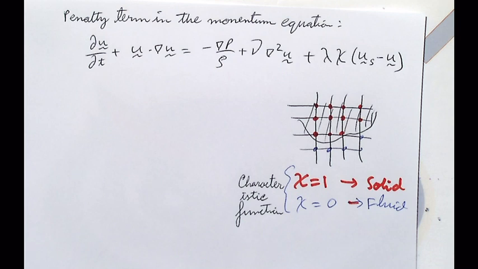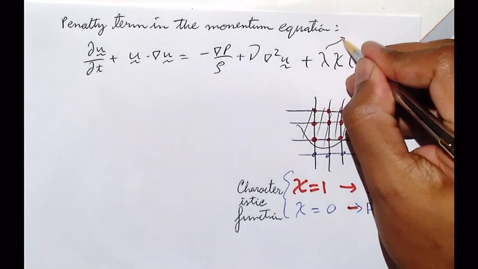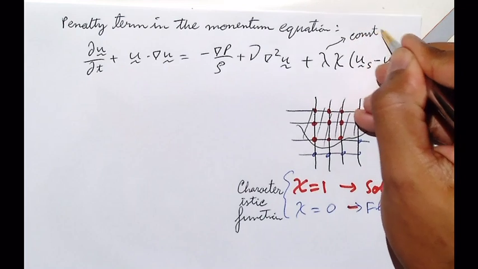So does this make sense? What chi is? Lambda is a constant. Let's say it's a constant. I will give you.